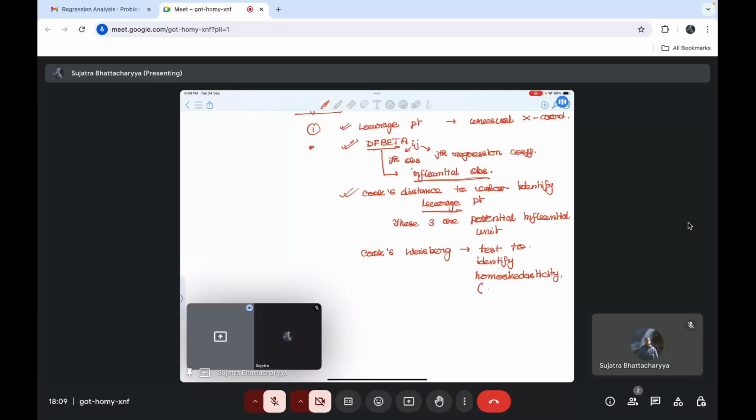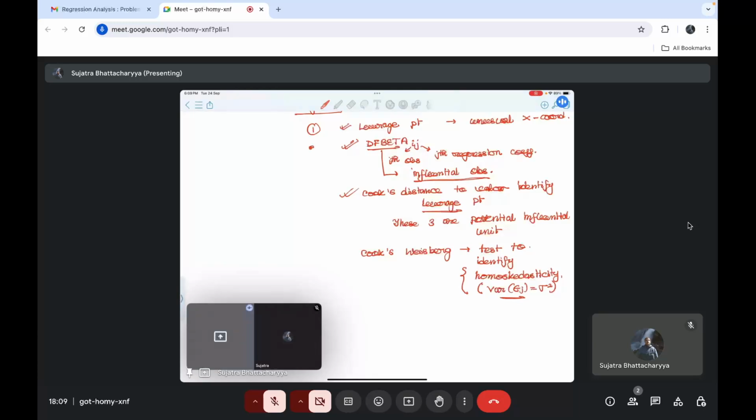The meaning of this is when variance of epsilon j is equal to sigma square: whether it is equal to sigma square or not is what we are trying to identify through this. It will not tell you which observation is the leverage observation or influential observation, right?